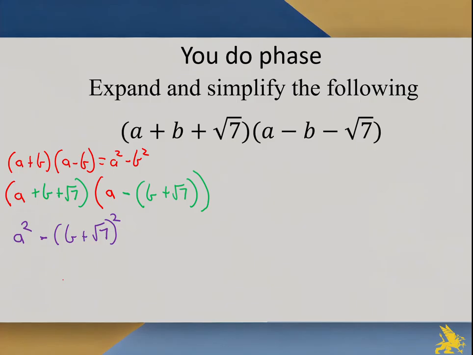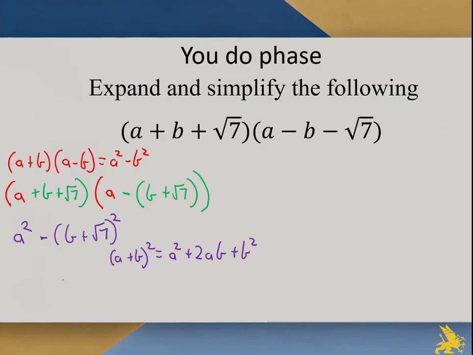The final step is I could also use the perfect square, because the perfect square rule is where I've got one bracket and a square. So let's think about it. We know the perfect square is going to be (a plus b) squared is equal to a squared plus 2ab plus b squared.